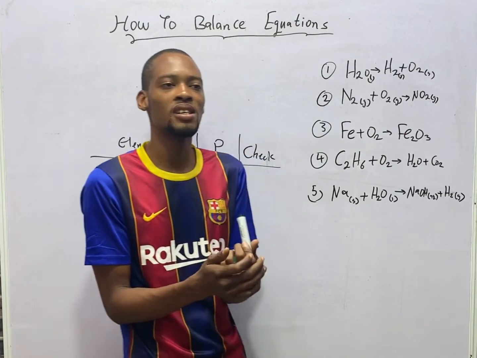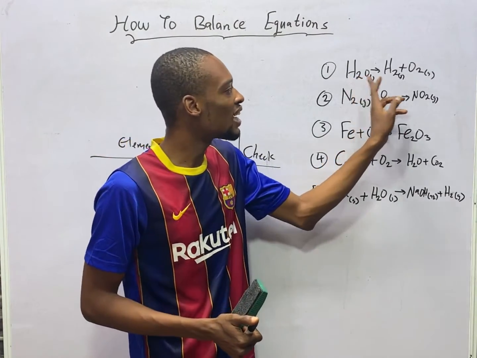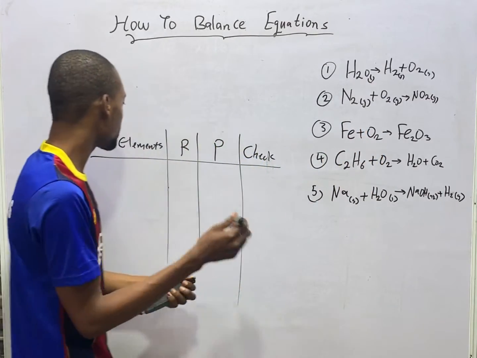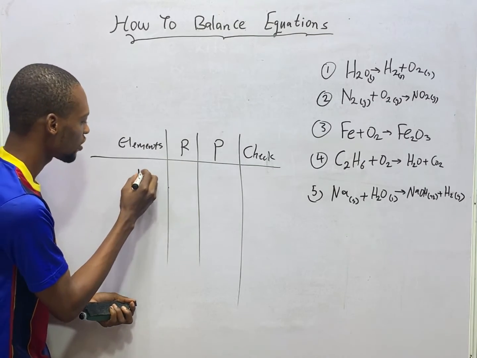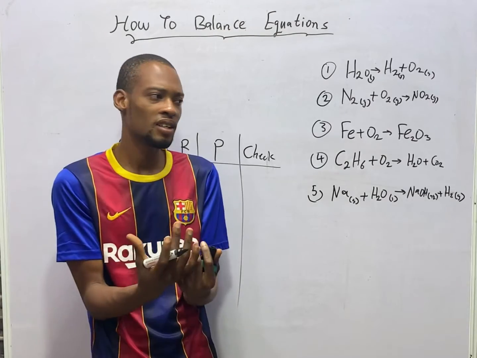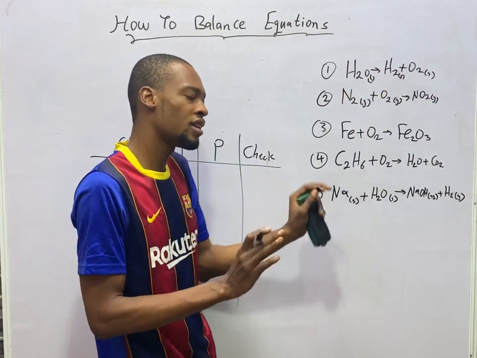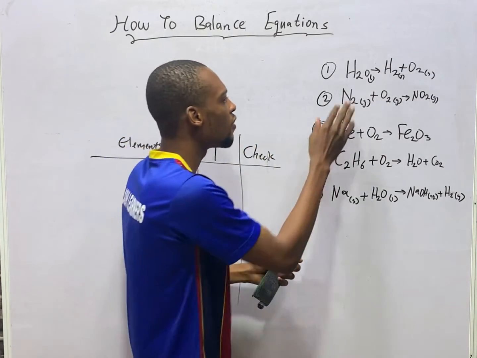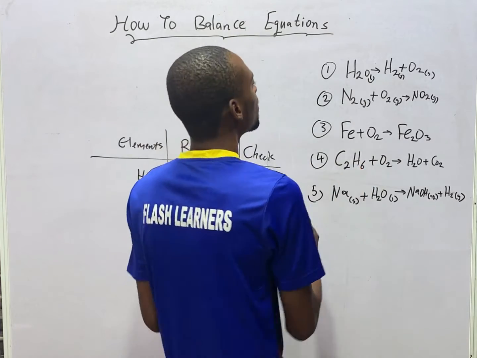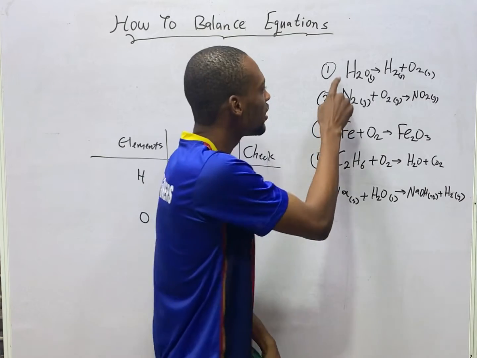What are the elements in this equation? They are simply H and O. That is all, right? So you come here and say elements H and O. Is it taken? Because looking at this, we have just H, O. Even here, H and O. Now, the reactants, the reacting side, which is the left-hand side, how many hydrogen do we have? 2. H2.